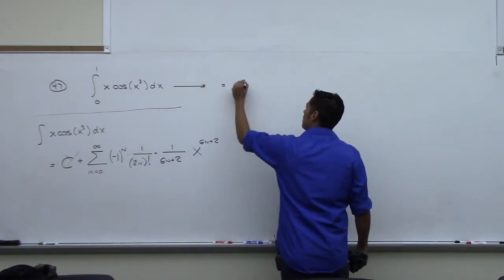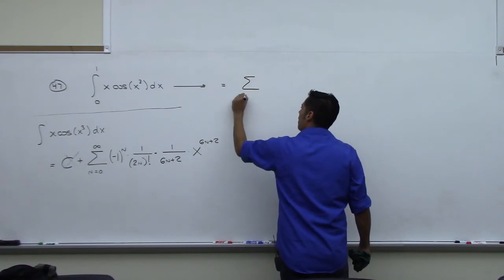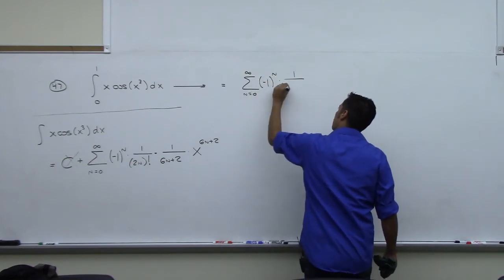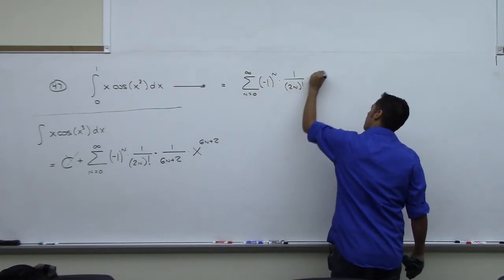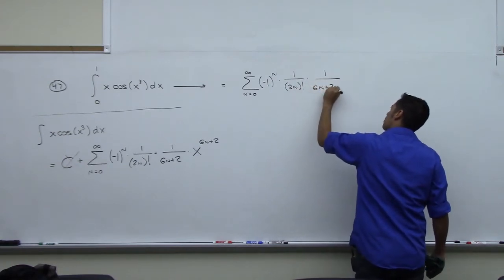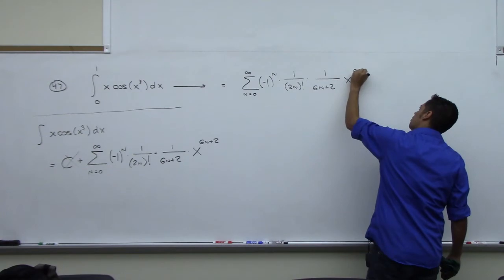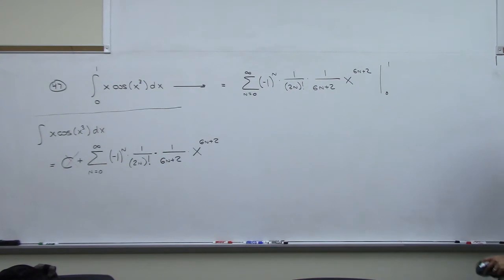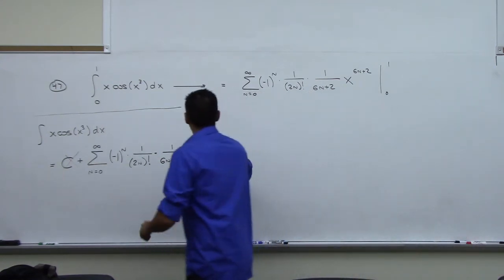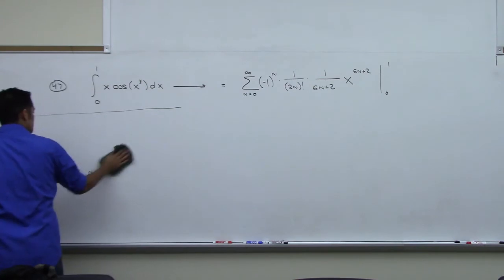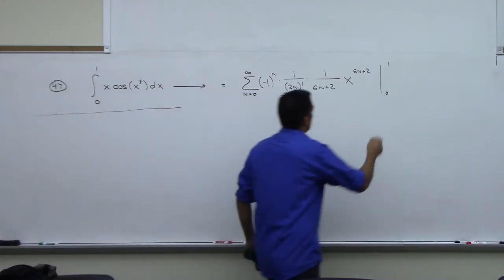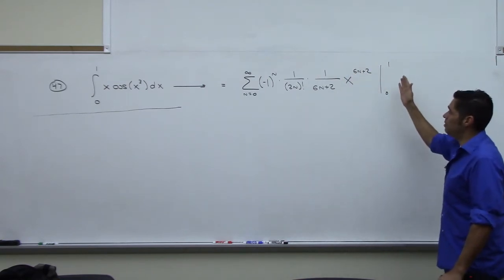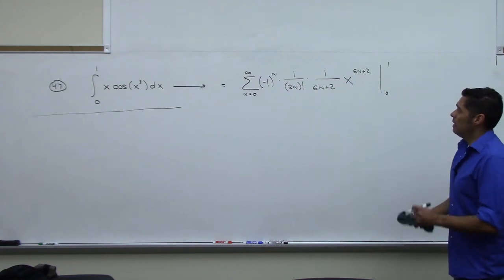So I'm just going to write the sum n equals 0 to infinity, negative 1 to the n times 1 over 2n factorial times 1 over 6n plus 2 times x to the 6n plus 2 evaluated at 0 and 1. Now let's figure out what happens when we plug in 0. Plugging in 0 into this is going to be 0 and everything else doesn't matter. So really what I want to do is just plug 1 into this and figure out what happens.